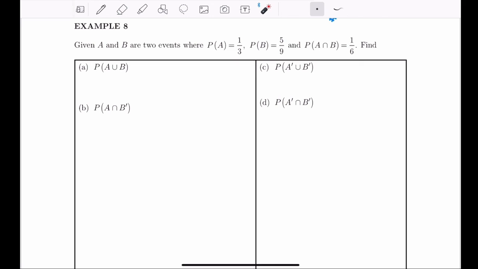Example 8, given A and B are two events where probability of A equals 1 over 3, probability of B equals 5 over 9, and probability of A intersect B equals 1 over 6.